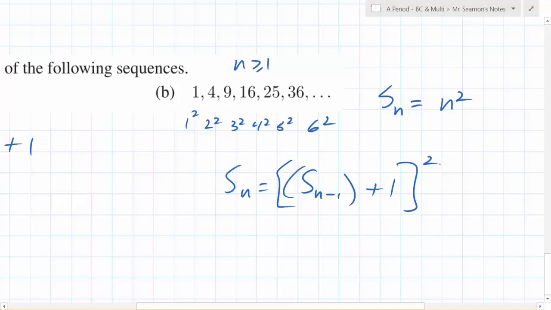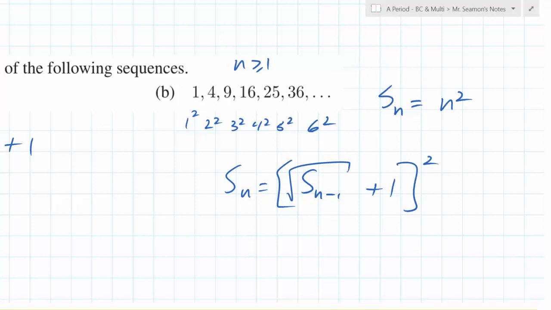Wait, does that work though? Isn't it root of that? Hold on. Yes, it is. You answered the question and came up with a solution. Very good. The problem here is Sn represents the actual entry. What would you need to do? You would need to take the square root of the previous one, then add 1. So the cheap way of doing this would be to write it like this. Bingo.